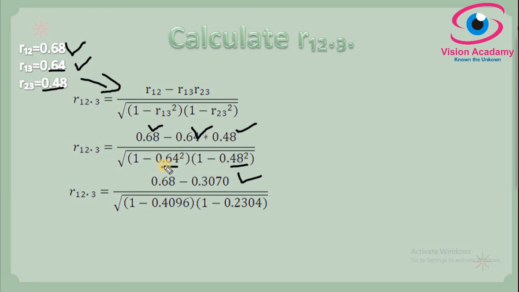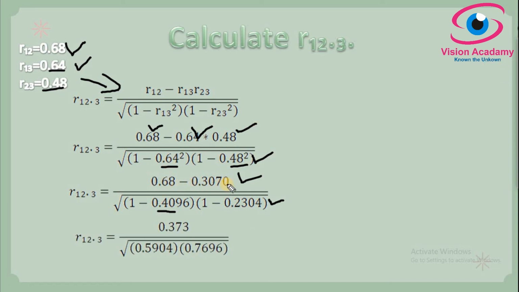In the denominator we have squared 0.64, which gives 0.4096, and we have squared 0.48 also. The squared value is 0.2304.